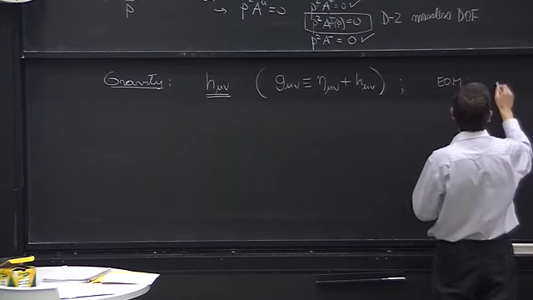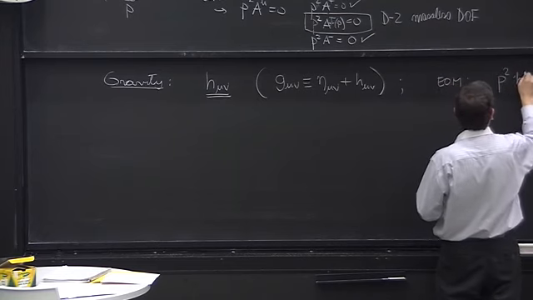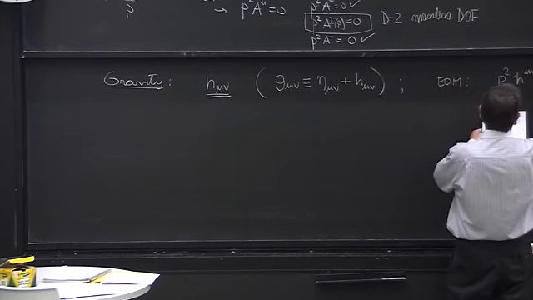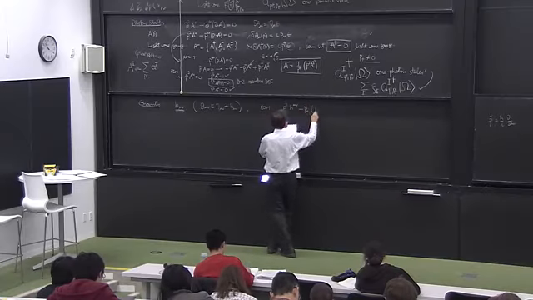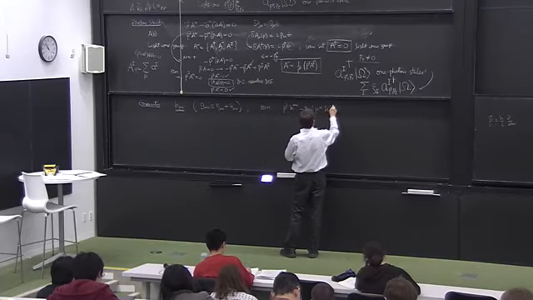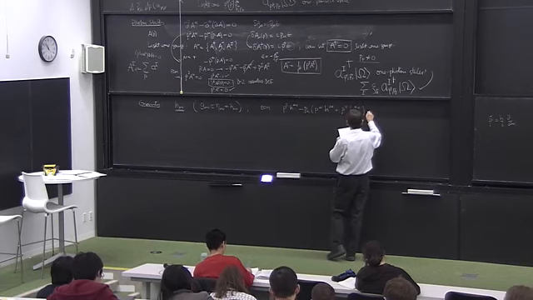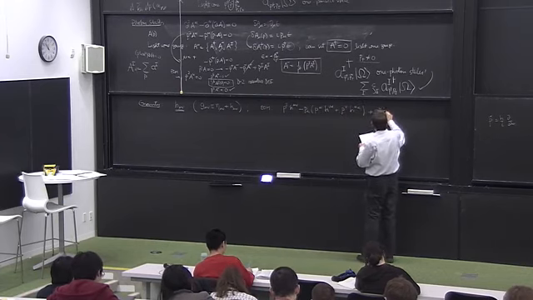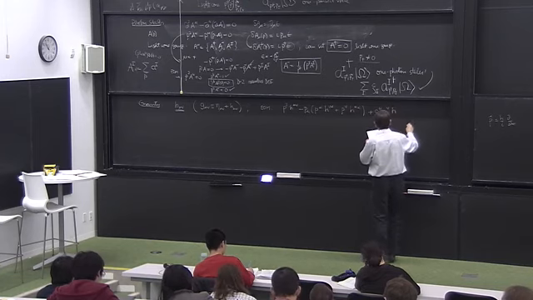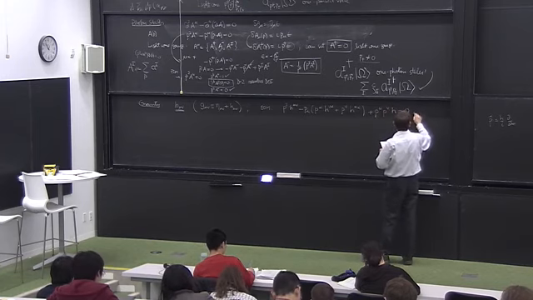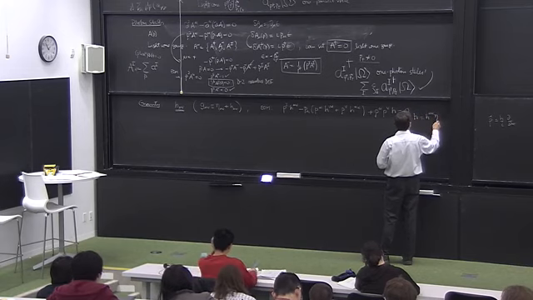It would be p squared h mu nu minus p alpha p mu h nu alpha plus p nu h mu alpha plus p mu p nu h equals 0, where h is h mu nu eta mu nu.